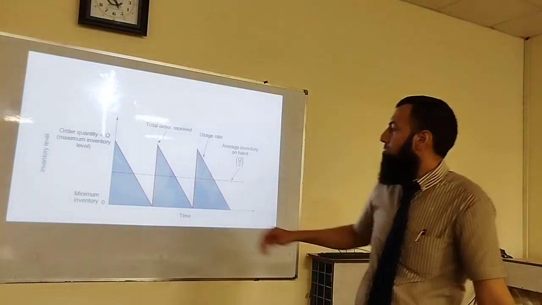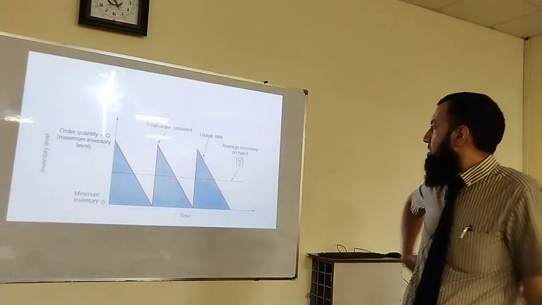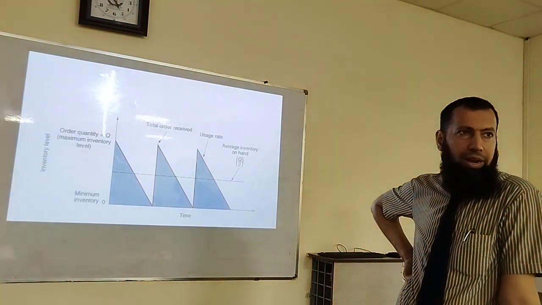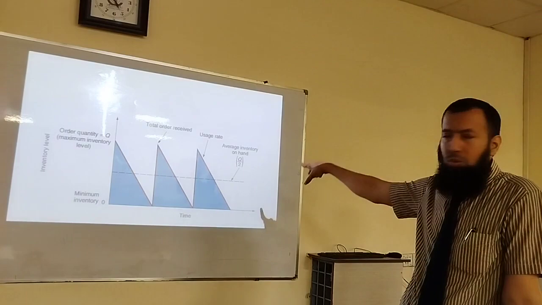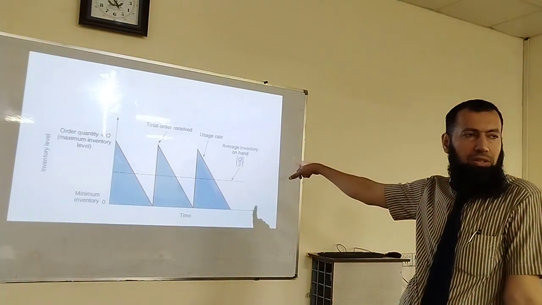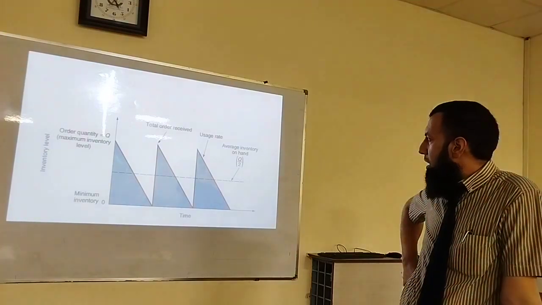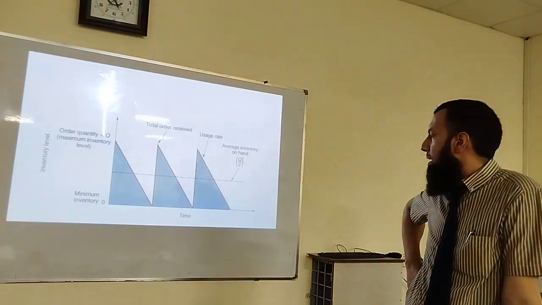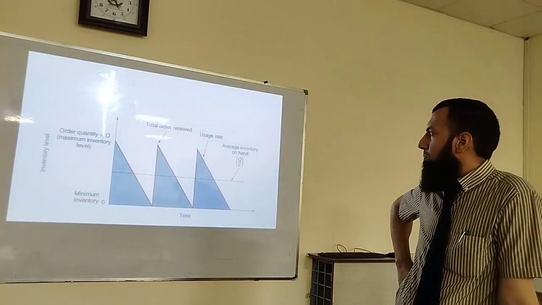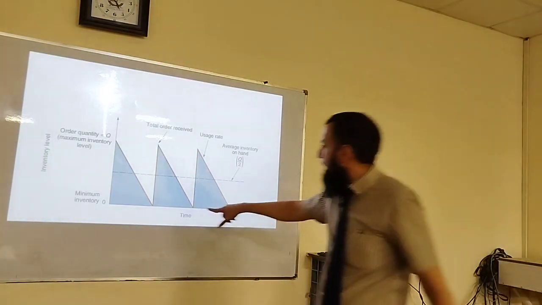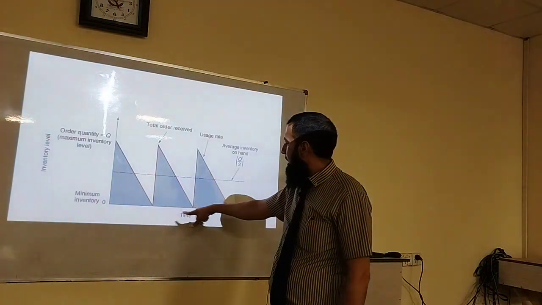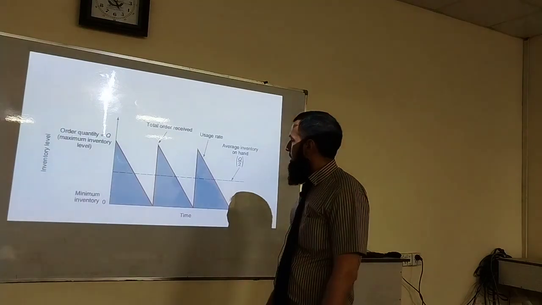Over here you see the average inventory on hand. Q by 2 is the formula. Note it down, the formula through which you get to know the inventory in hand. This is the graph against time and order quantity.